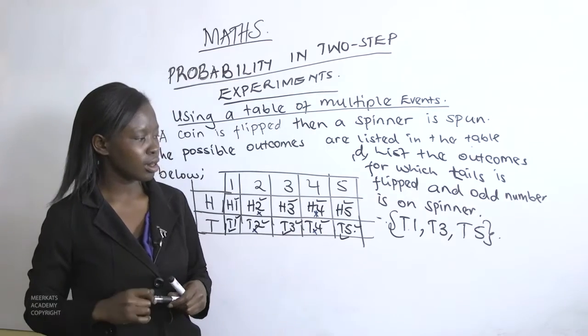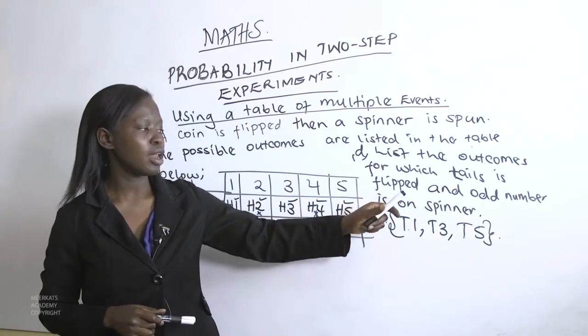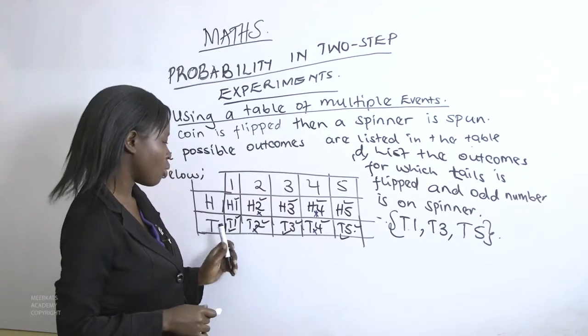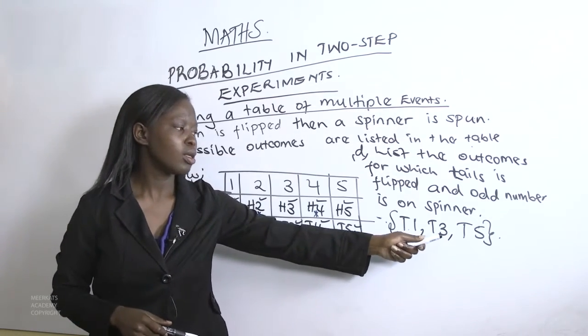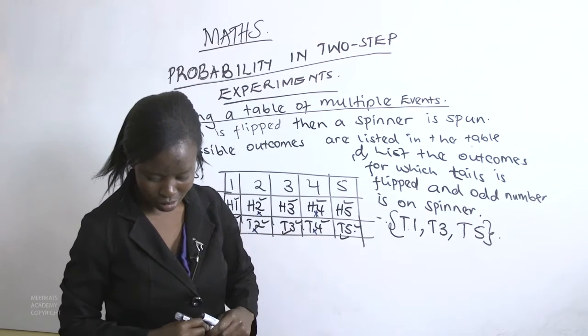We are looking for tail and odd number, that is why we've listed the 3. 1, 3, 5 are the odd numbers in that case.